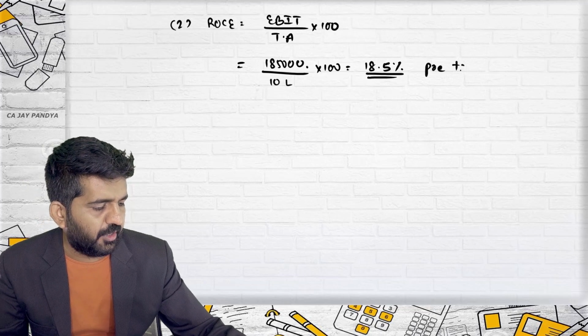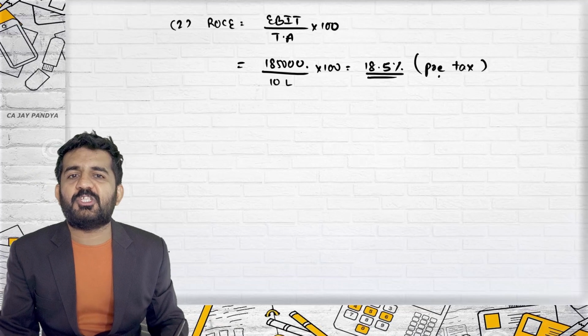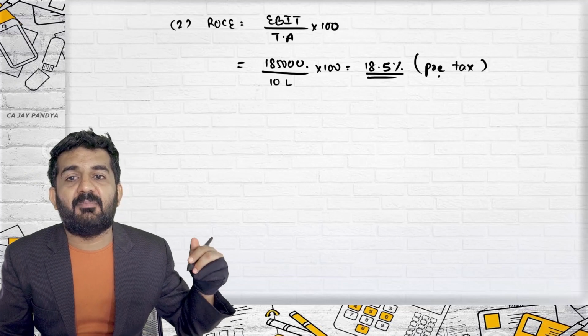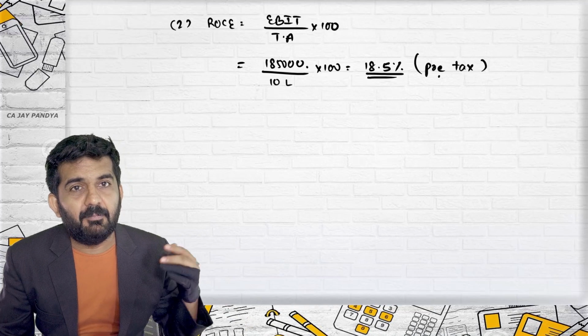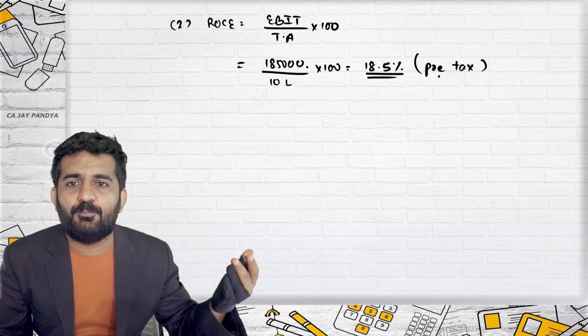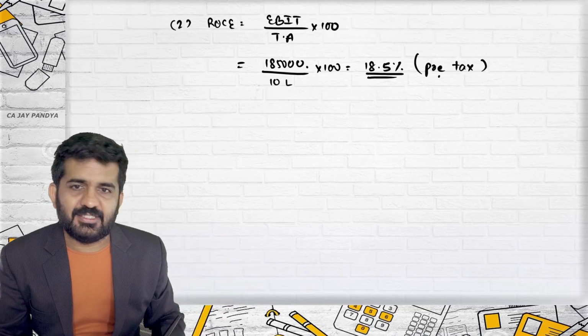You need to write down it is pre-tax. If you want to do post-tax, you can multiply by 1 minus t and get the answer. Whenever you multiply pre-tax with 1 minus t, you get the answer of post-tax return on capital employed or return on assets. All right.